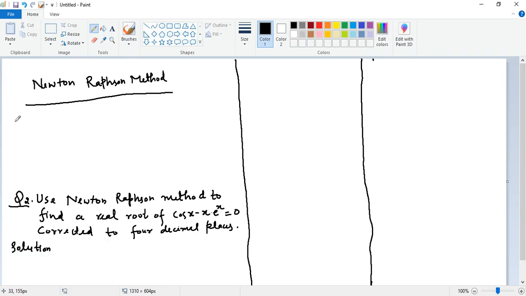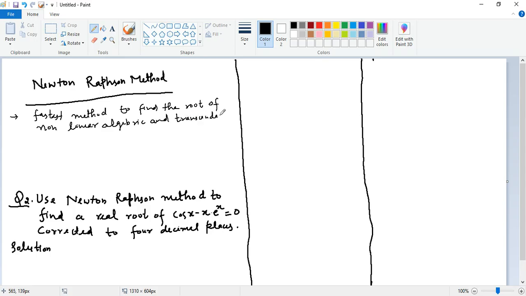Newton-Raphson method is the fastest method to find the root of non-linear algebraic and transcendental equation.